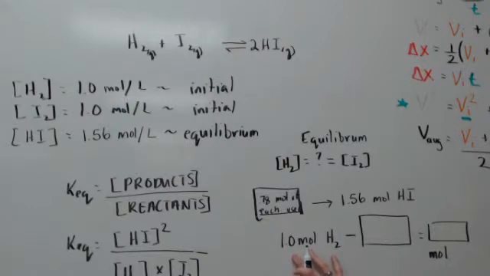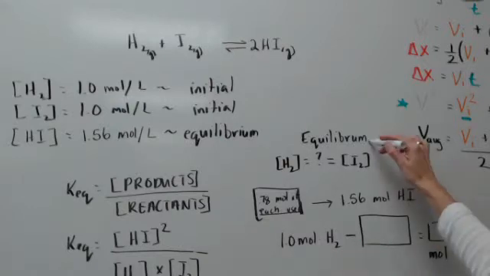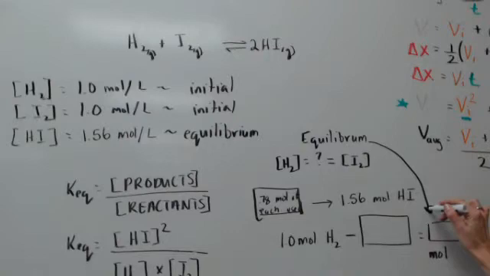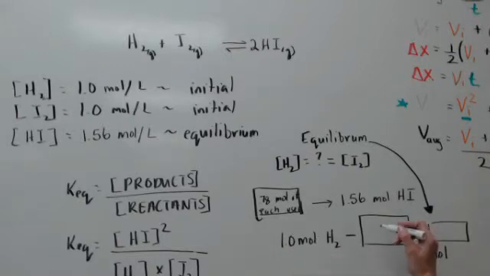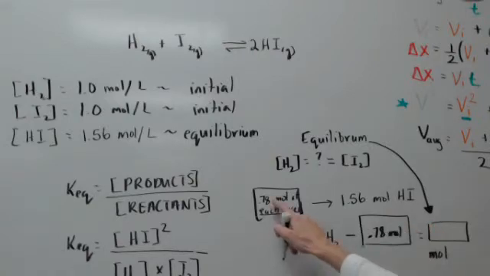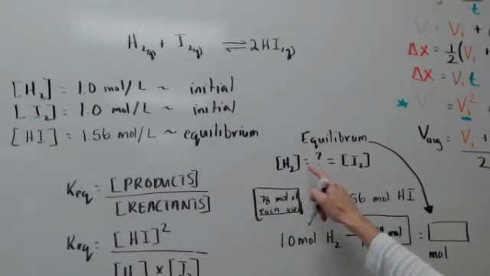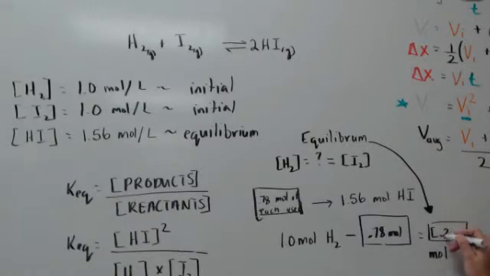Now as I look down here, I want to find out how much I have left at equilibrium. So that's the amount of gas that's not used. If I start with 1 mole of hydrogen gas and I use 0.78 moles of hydrogen gas in my reaction, and 0.78 moles of each are used up, that means the concentration that I'm left with is 0.22 moles of each hydrogen and iodine.